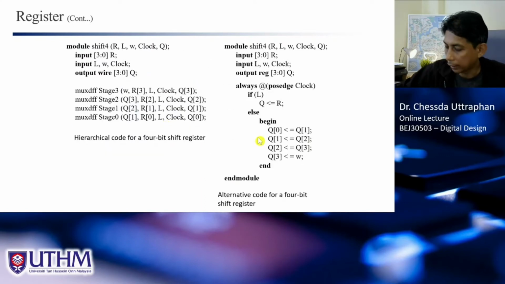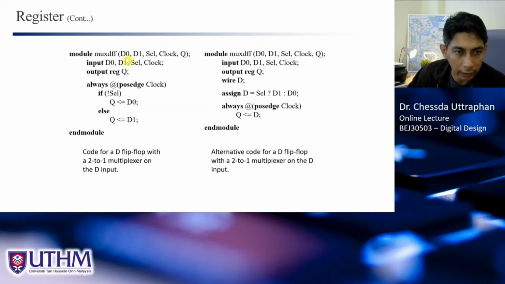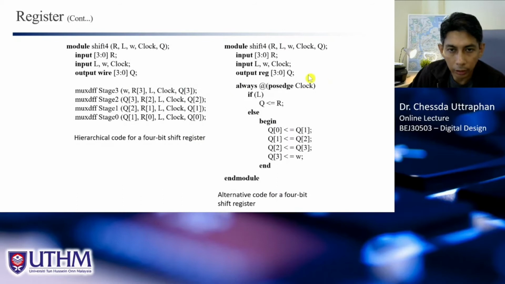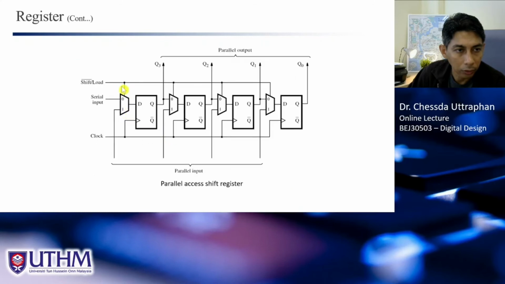Or you can code this way, where you're not using this as a submodule. You create a new one where you can write like this using behavioral code. If L or load, so Q equal to R, you load R into Q. When L or load equal to 1, you load R into the register.